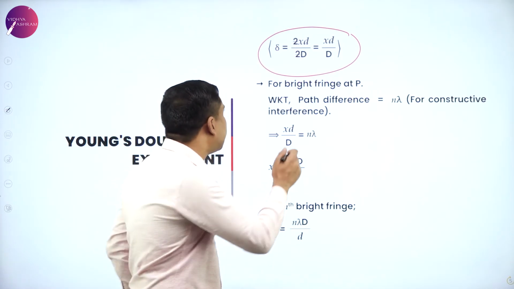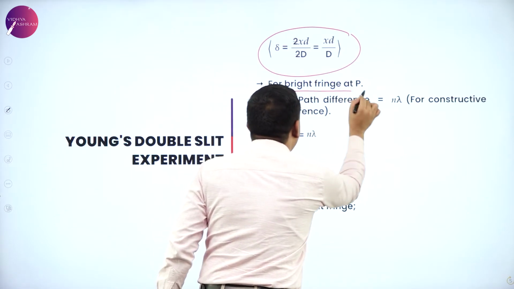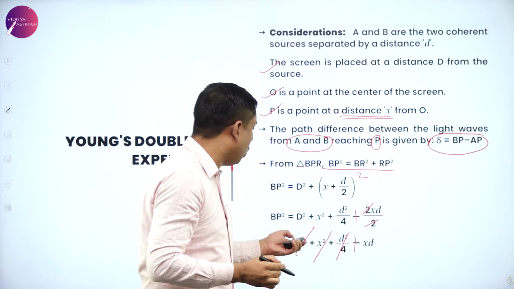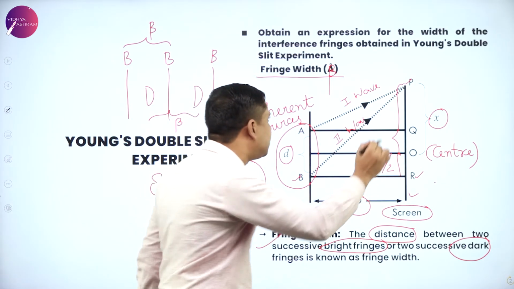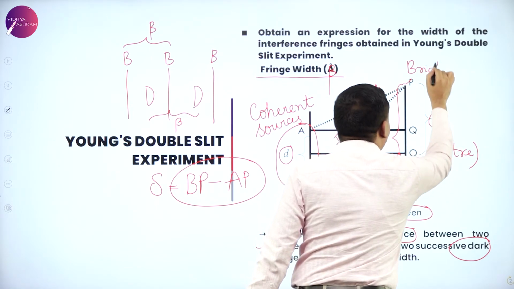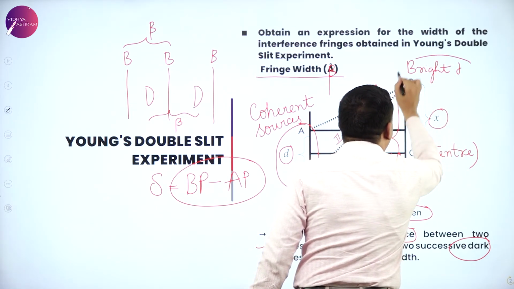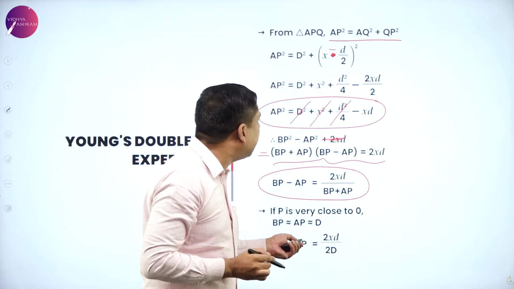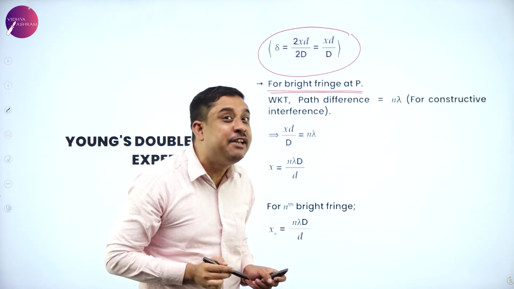Now, first we will consider a bright fringe at P. So the first condition is I will consider a bright fringe formed at this point P. And what was the condition for path difference?